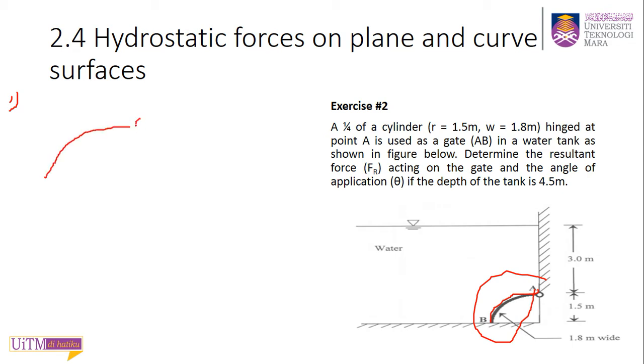So this is A, this is B, and then we need to draw an imaginary plane, one vertical, one horizontal. Okay, now you need to label where your forces are.